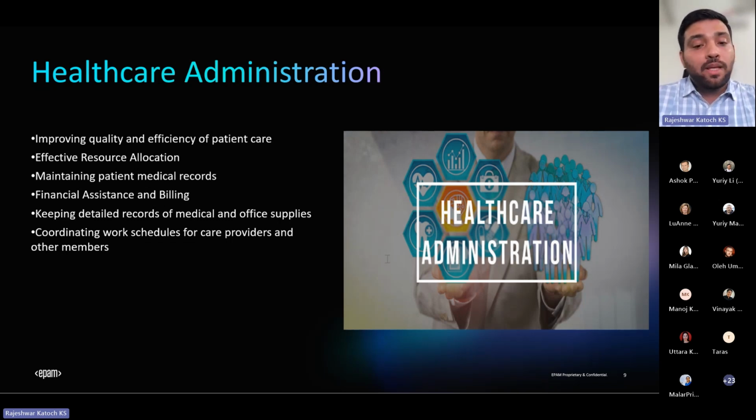We never know, right, when an emergency can break out. In that case, the administrator would directly impact the community's abilities to make sure everything is aligned, so that if any disastrous event happens, everything is taken care of. So this is the highlight of healthcare administration. These are the key points I've mentioned in this slide.